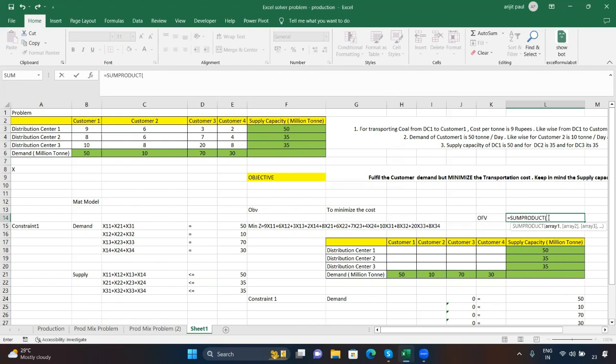So when you use SUMPRODUCT, select all the quantities from DC1 to DC3 that we are going to supply to each of these customers. That will become your first array, comma. All the cost that you are going to incur to transport those materials from all these DCs to the customers, select this array.